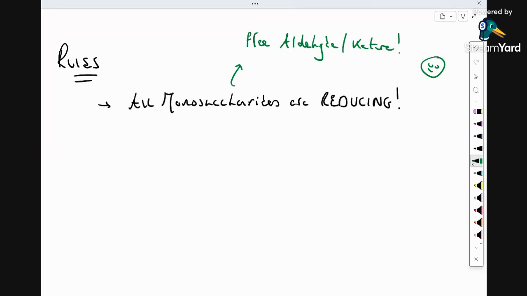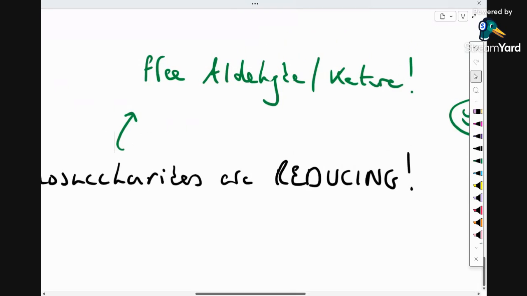FYI, for those chemists amongst you that are going, well, hold on a minute, if we've got fructose and we've got a ketone group, surely that can't be oxidized because you cannot oxidize ketones any further. And you would be correct. And I'm not going to go into the answer. If you're interested, you can either email me if I teach you. If I don't teach you, I guess message me on YouTube or something.